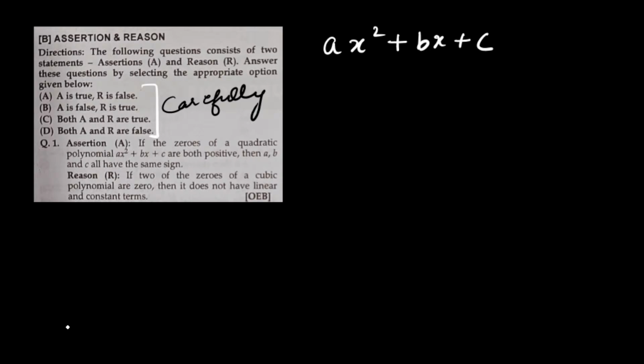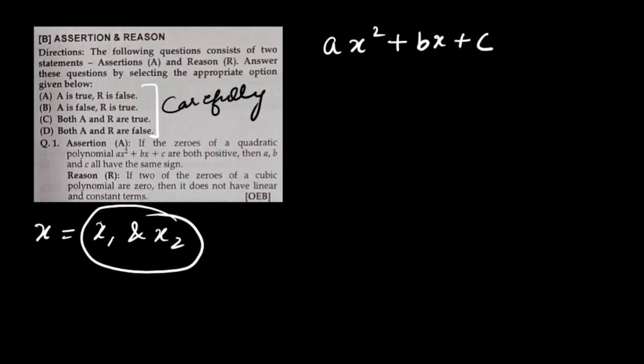Zeros mean solutions. Since we have already done the chapter on quadratic equations, here we will get two values of x. I'll say two solutions, one of them x1 and the other x2. They are telling us both the solutions are positive.